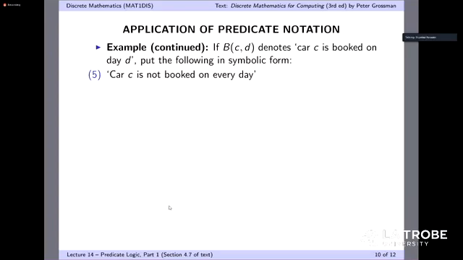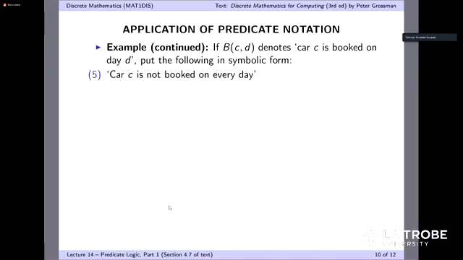So it reads as there exists a car which is booked for all days D, not. So in other words, it's not true that for all days D there is a car booked. Do you agree with that?